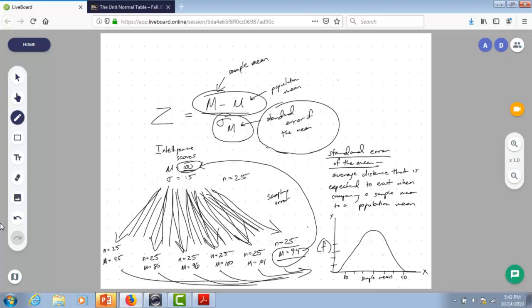These, of course, would be the frequencies of the times each mean showed up. We would likely get something that resembled a normal curve.